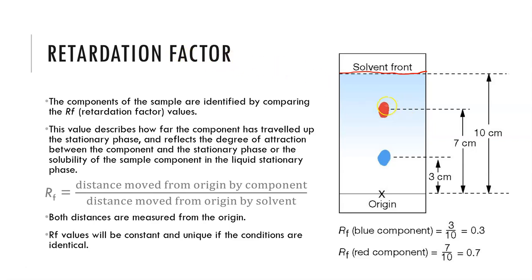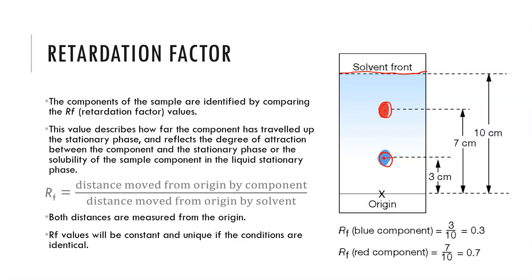Then the components, if it has been a well-resolved chromatogram, will appear as single dots with no streaking, and we can calculate the Rf for each dot by measuring from the center of the dot to the origin. We then take this value and divide it by the origin to solvent front distance. This gives us a ratio that will always be less than 1 that can be used to characterize the components.